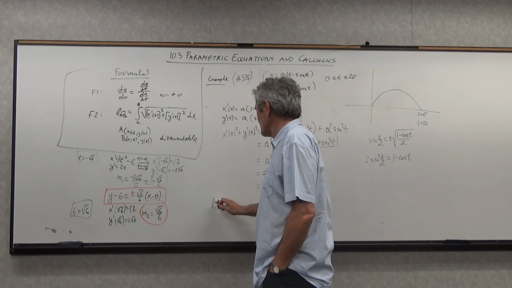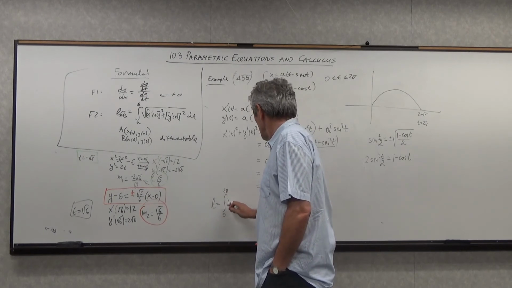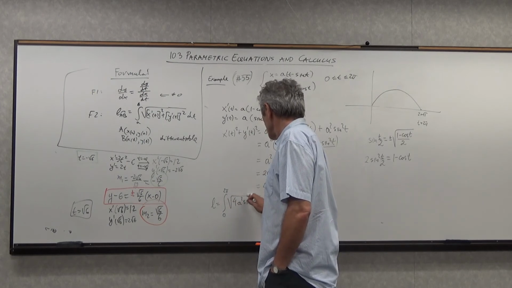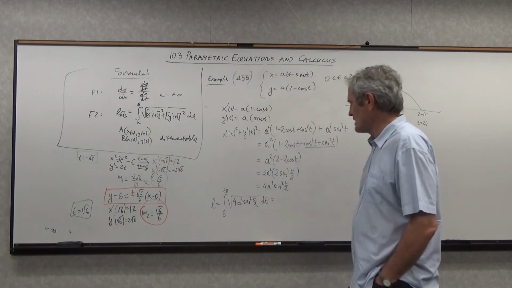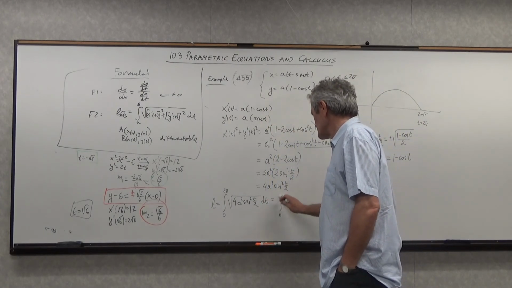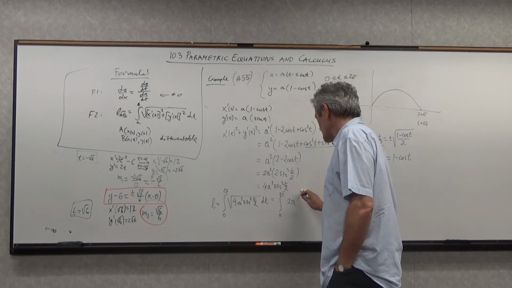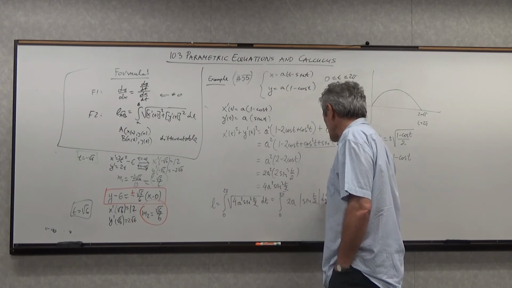So L equals the integral between 0 and 2 pi. We square root this nicely prepared expression. So what would that be? That's the integral between 0 and 2 pi of 2a times the absolute value of sine t half. Let me write it like that, then I erase it.